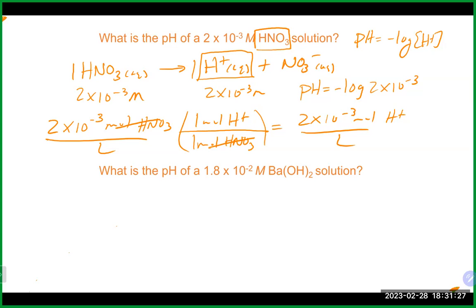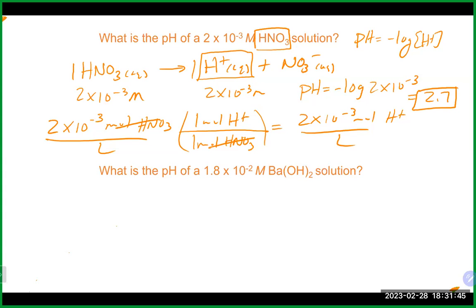If you do not have a display calculator, you need to start with the number, then hit log, and then hit the negative button. Whichever way you do it, you're going to end up with a pH of 2.7, I hope. Any questions on that?